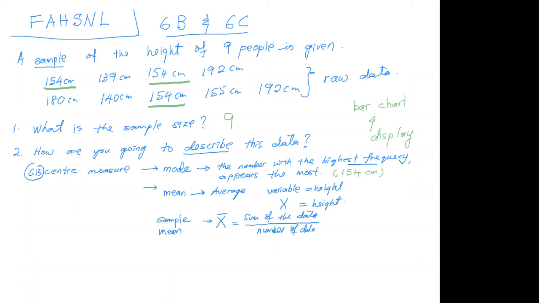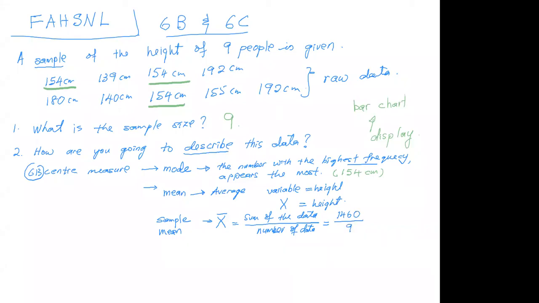So in this case, can you tell me the sum? Can you calculate, everyone in the class? What is the total? 1,460. 1,460 divided by 9.